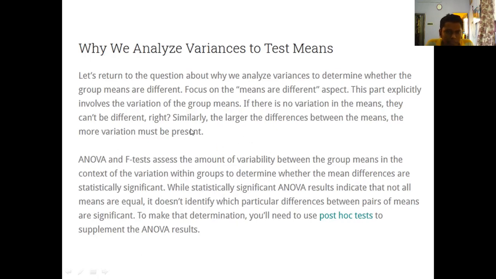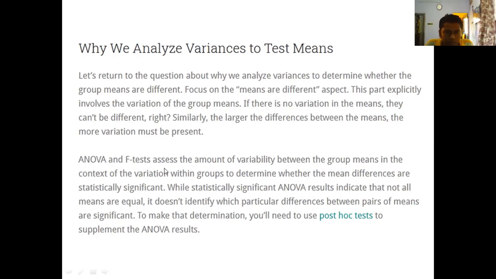So basically, using ANOVA or doing the F test, we compare the amount of variability between the group means. That's why we are able to find the comparison among the group means. That's why we can compare the variability and use the F test.